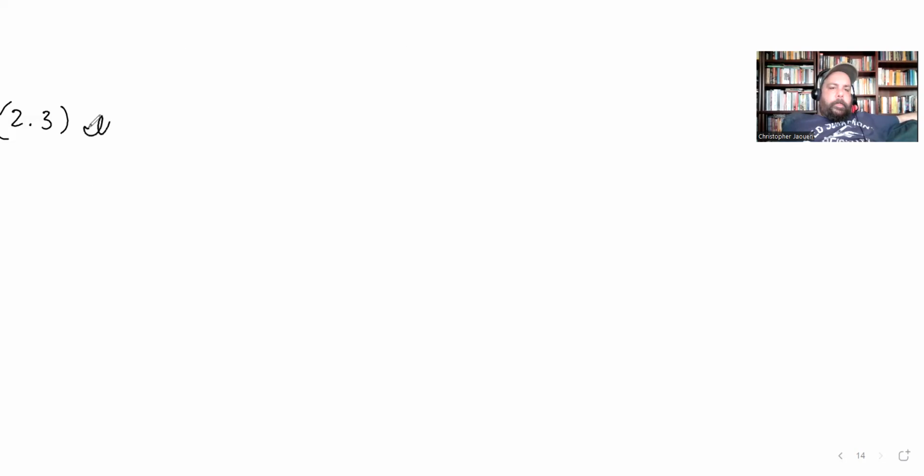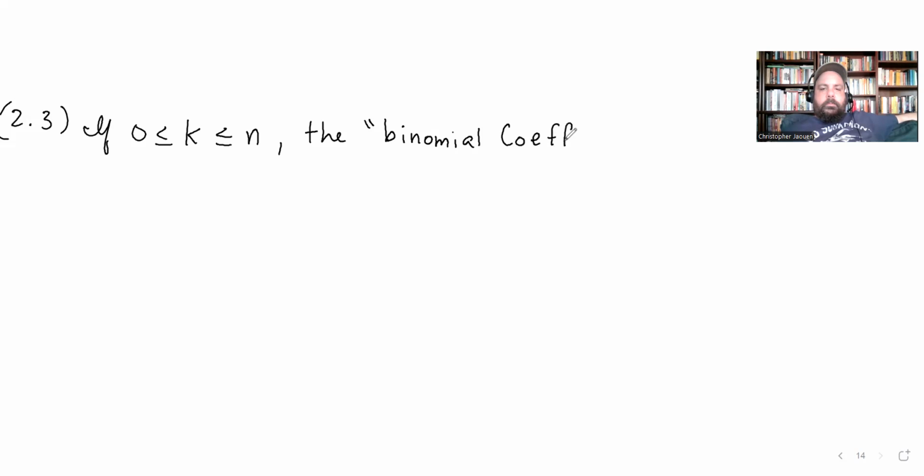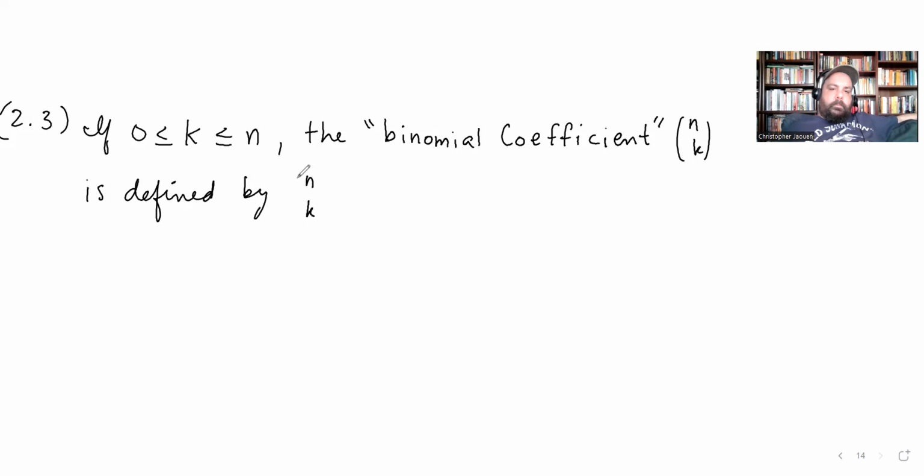Okay, if 0 is less than or equal to k, is less than or equal to n, the binomial coefficient n choose k is defined by n factorial over k factorial times n minus k factorial.